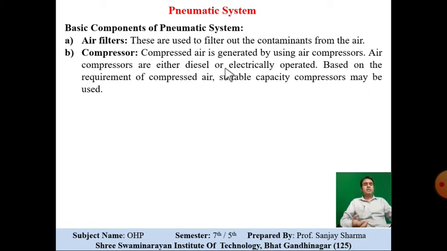In some cases where electrical supply is not possible, they use a diesel engine that is connected to the compressor. So ultimately a prime mover, either electrically operated or operated with the help of an engine.